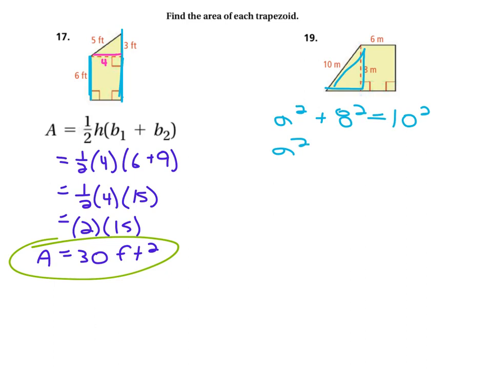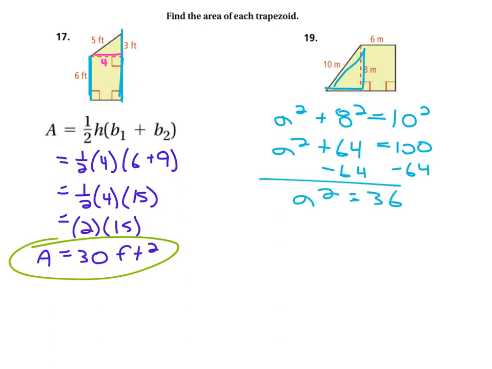So a squared plus 64 equals 100. Subtract 64 from both sides. And we get a squared is equal to 36. Again, because we're dealing with lengths, we can only do the positive square root of 36, which is 6.